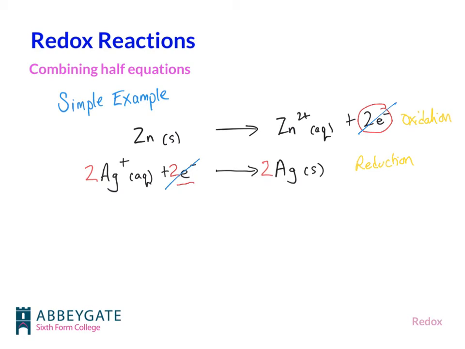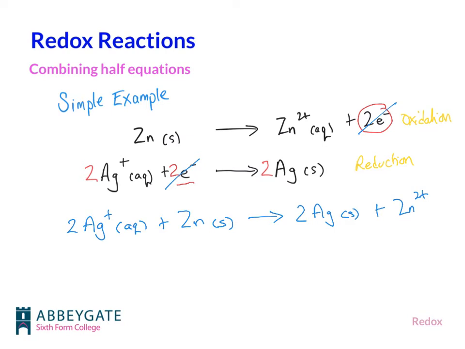The full reaction is 2Ag+ aqueous plus Zn solid making 2Ag solid, so 2 silvers, plus Zn2+.